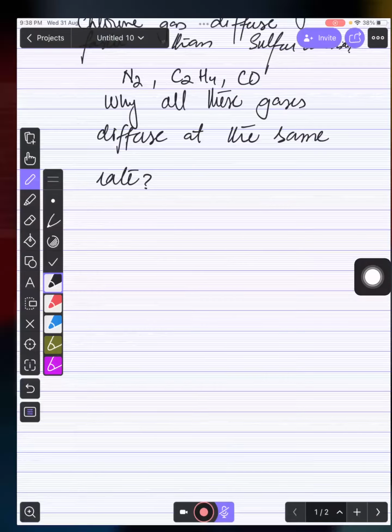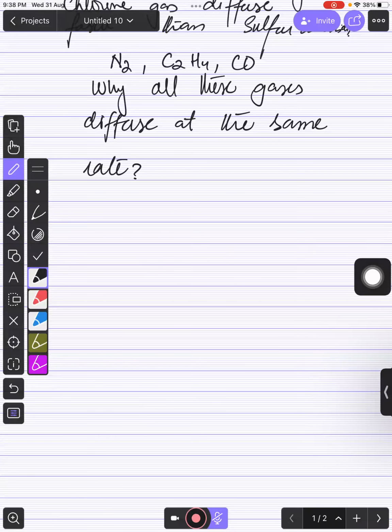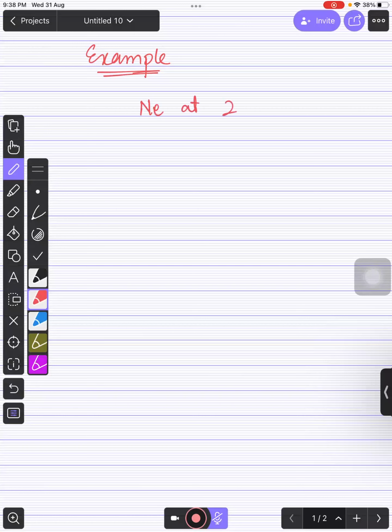So over here, bacho, for example, if we have 2 different gases, example number 3, or whatever the example number, you don't care. For example, we have neon gas at 20 degrees centigrade, and we have chlorine gas at 40 degrees centigrade. So which gas will diffuse faster? Just look over here.